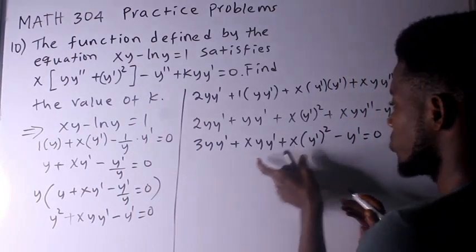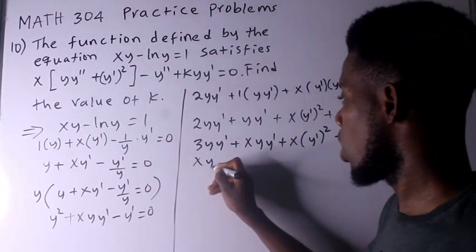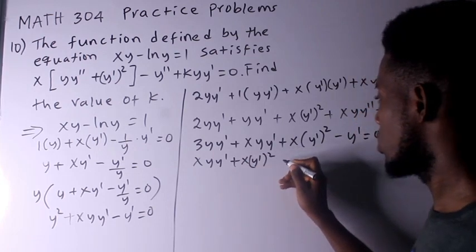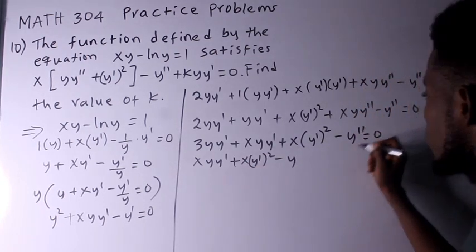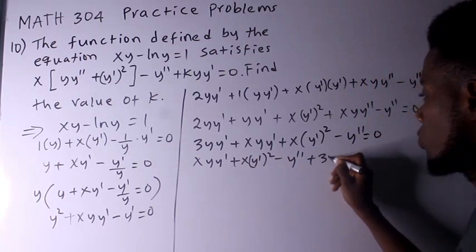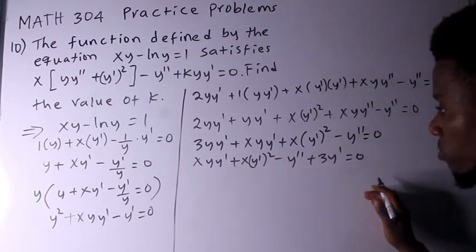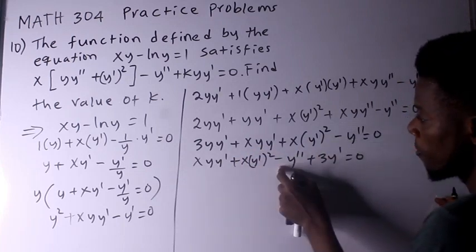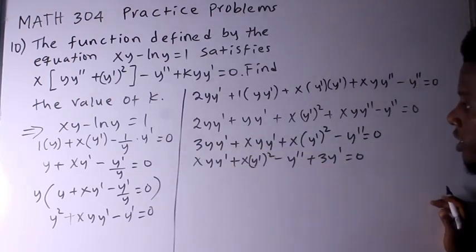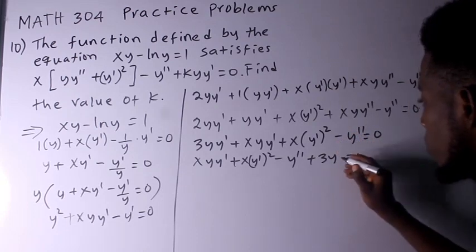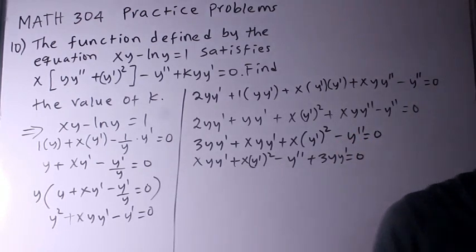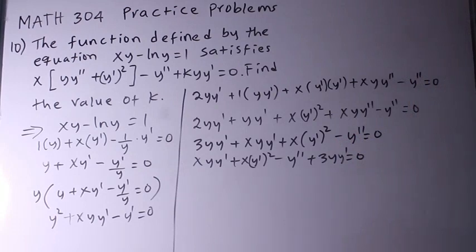So I bring these two expressions first, xy y prime prime and x (y prime) squared, then minus y prime prime, and then plus 3y prime equal to 0. I brought these two first, and then I brought this one second, and then this one last. Great. So I can factor out an x in the first two terms there.